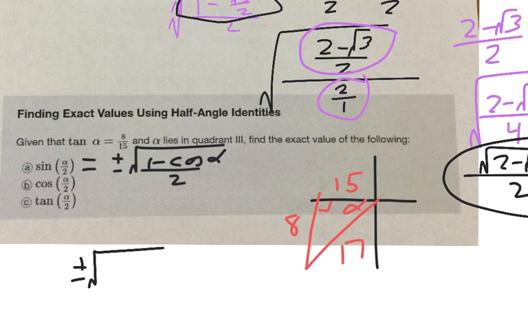So this would be 1 minus, what is cosine of alpha? It would be negative 15 over 17, right, I'm in the third quadrant. So there's already a minus there. So minus negative, I can write that as plus. And we said this was 15 over 17. And this is all over 2.